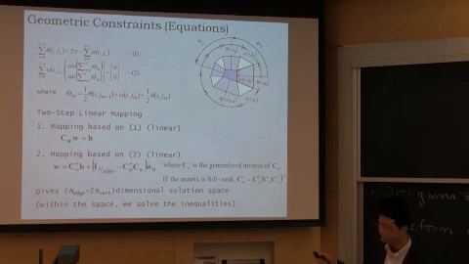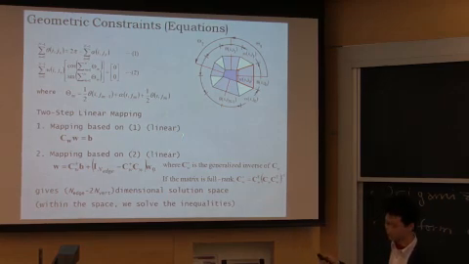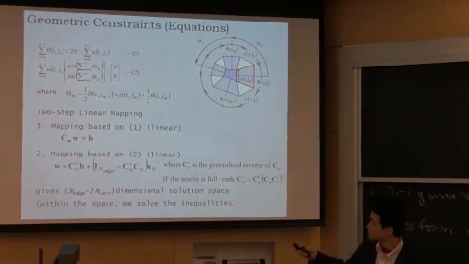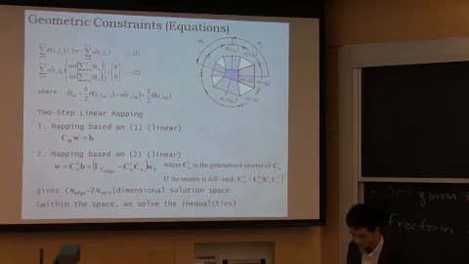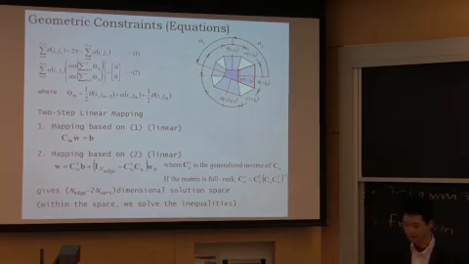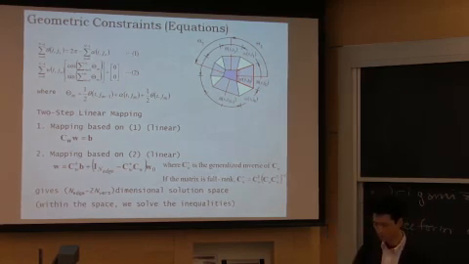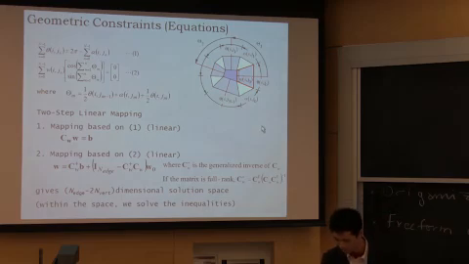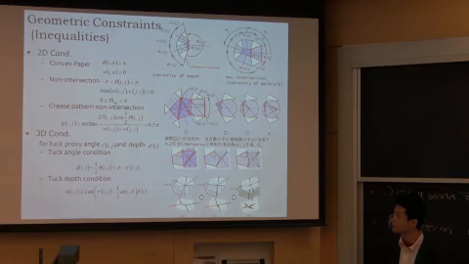And we assign these conditions for each vertex, and we solve that by two-step linear mapping, which is basically solving this equation and these equations. The good thing about that is that it becomes linear, which means that you can pre-compute, and you can go around the solution space. I will show you the simulation system, the design system, later.